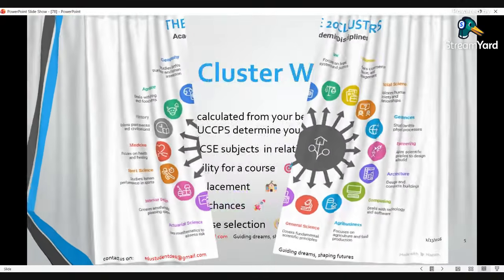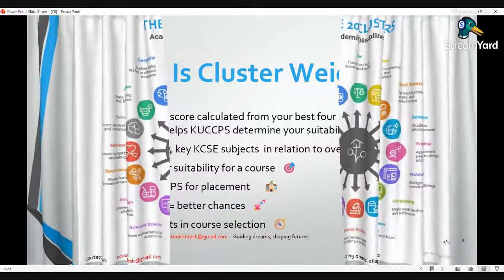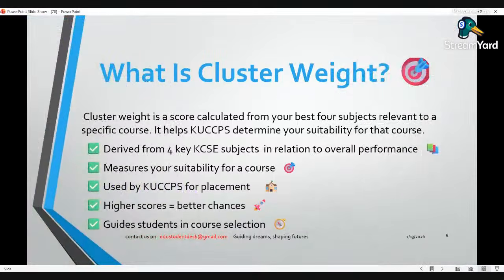So we move on to the next, which is cluster weight. Through here, we will now start calculating the cluster weight. In this section, we will calculate the cluster weight or cluster points. Cluster weight is a score calculated from your best 4 KCSE subjects that are directly related to a specific course you wish to pursue.